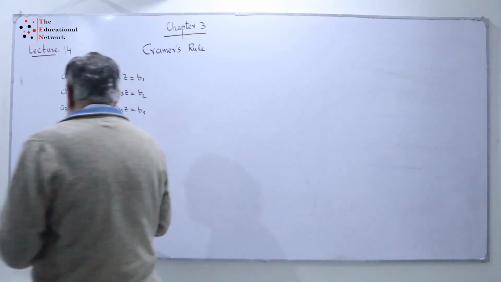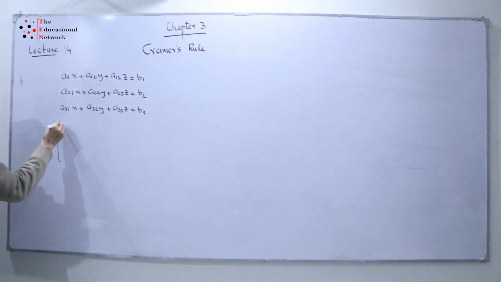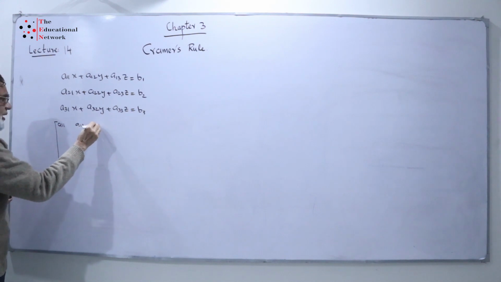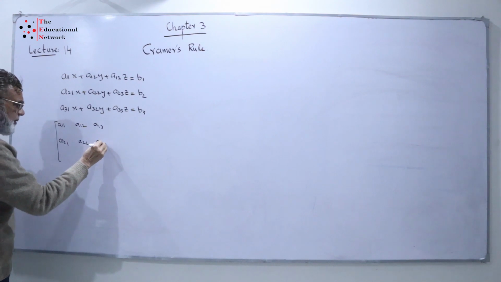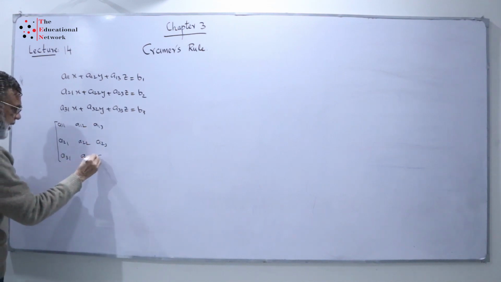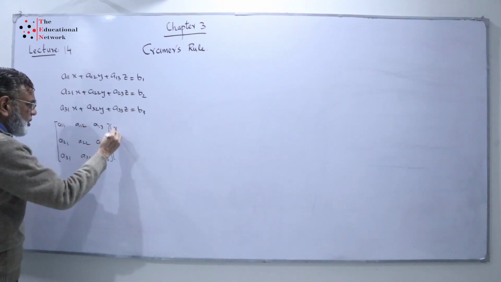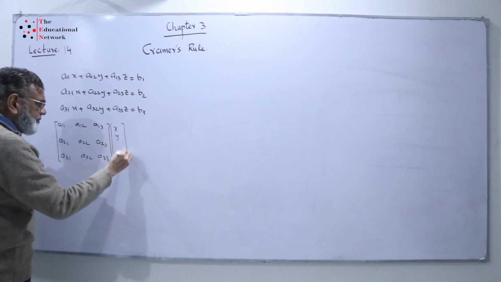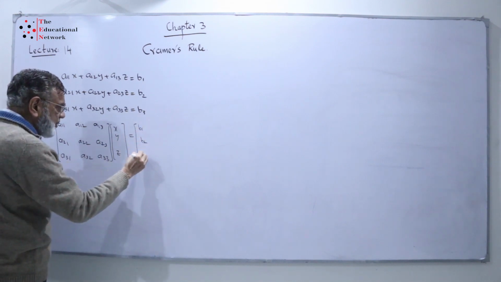We have the system of equations, and we can write it in matrix form, as a matrix equation. I have A11, A12, A13, A21, A22, A23, A31, A32, A33, and then I have my unknowns, which are x, y, and z, and the constants b1, b2, b3.